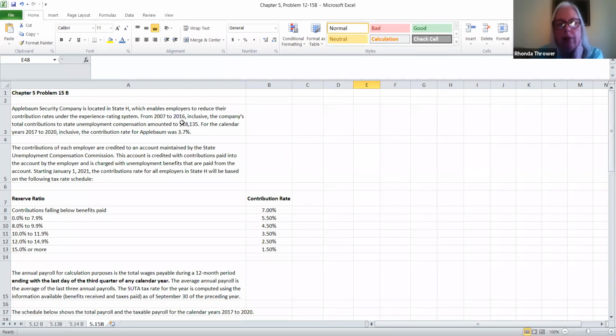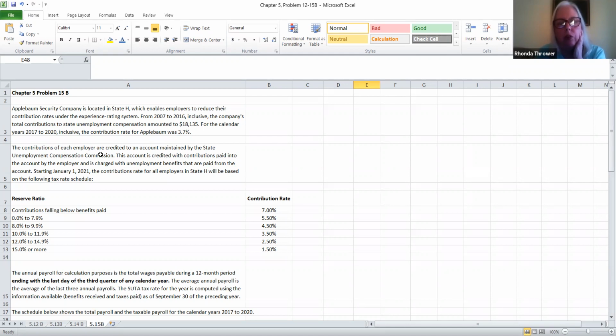From 2007 to 2016, inclusive, the company's total contributions to the state unemployment compensation amounted to $18,135. For the calendar years 2017 through 2020, the contribution rate for Applebaum was 3.7%. In other words, this was their state rate that they were charged.